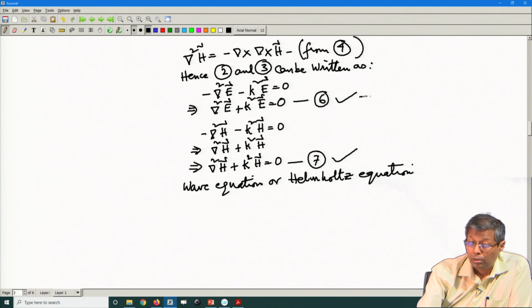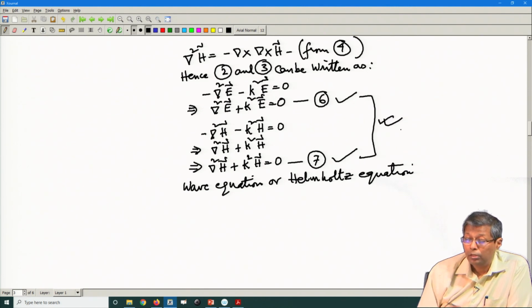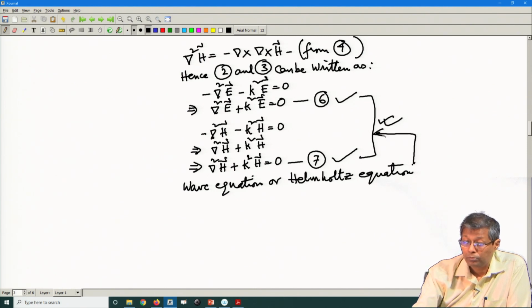So, both electric and magnetic fields satisfy the wave equation or the Helmholtz equation.